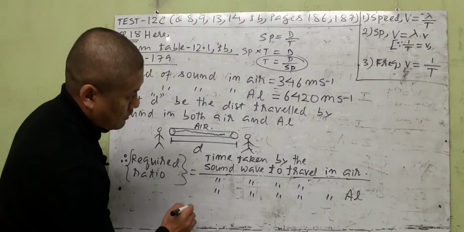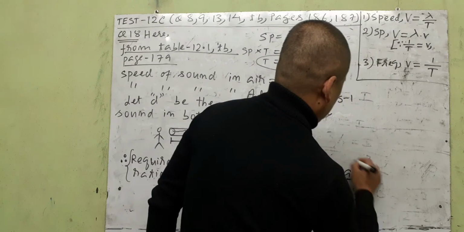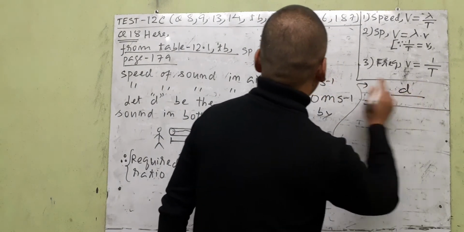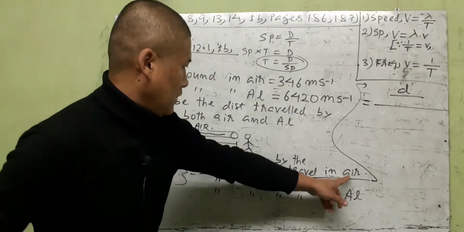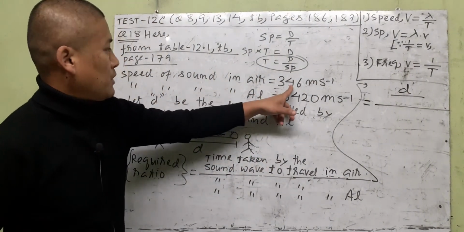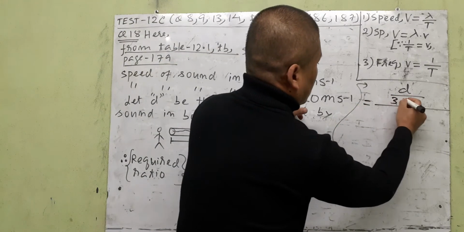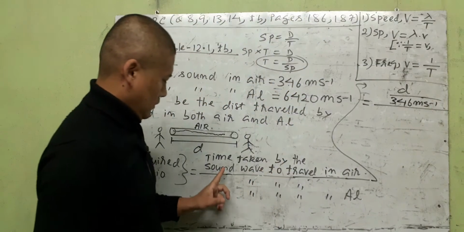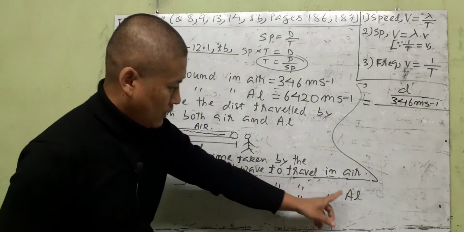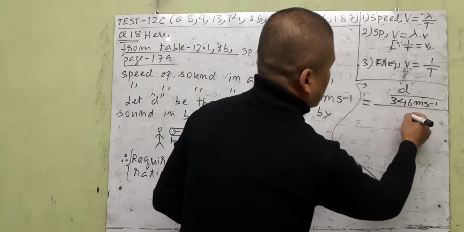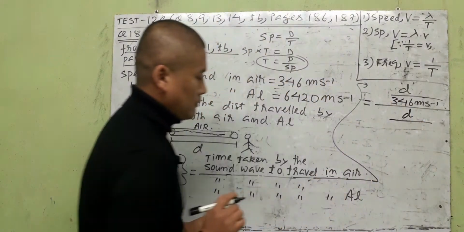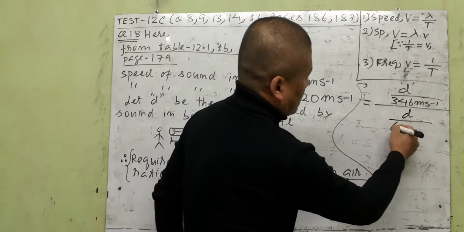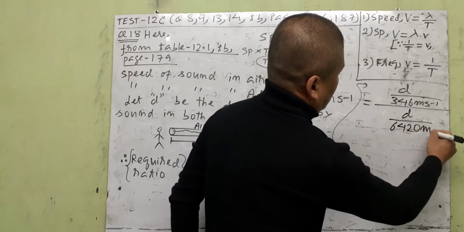So distance is the same by speed for air, to travel in air. This is the speed from the table, 346 meter per second. Next, time taken by the sound to travel in aluminium will be distance to be traveled by the sound wave in aluminium divided by the speed of the sound in aluminium. This is 6420 meter per second.